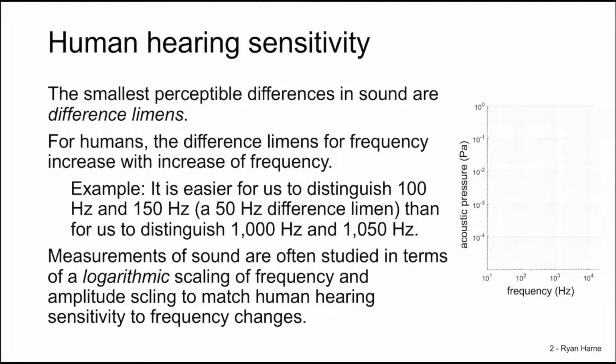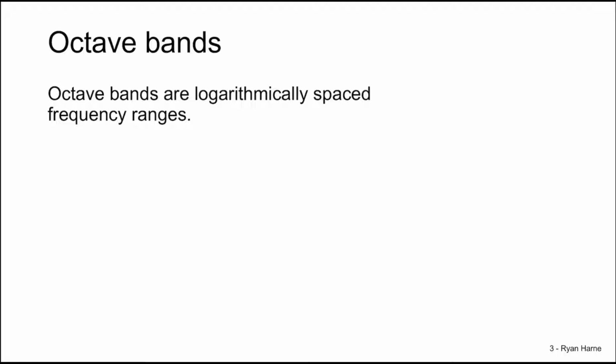This is one reason that we often use logarithmic scaling, not only of amplitude, but also in the frequency domain, because this better matches human hearing sensitivity to frequency changes. To characterize these frequencies, we use bands, and specifically octave bands.